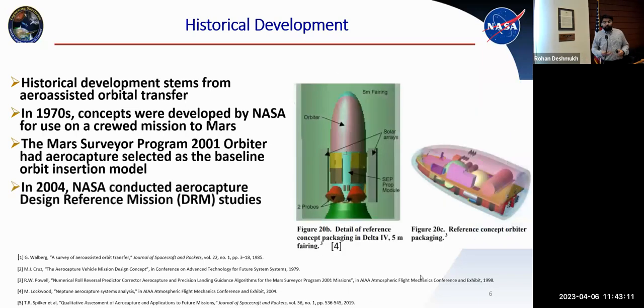However, there have been a lot of studies in the literature that have looked at Aerocapture. One of the most comprehensive studies NASA has done is a series of design reference missions conducted in 2004 for various planetary destinations: Venus, Mars, Titan, and Neptune, to name a few. These studies looked at sizing a mission and utilizing Aerocapture to enable those missions.